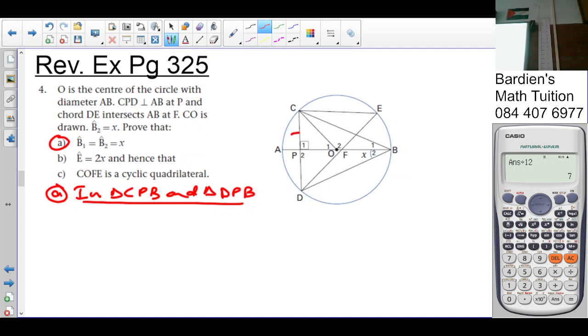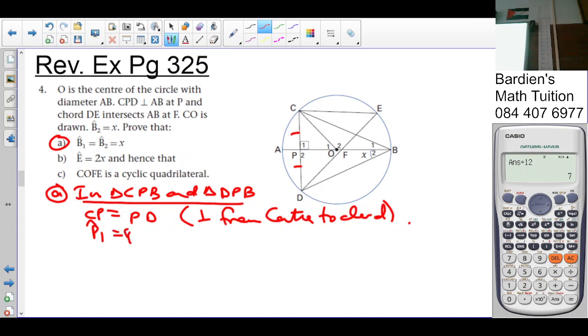We're going to say that CP is equal to PD. Why? Because of perpendicular from center to chord bisects chord. P1 is equal to P2, which is equal to 90 degrees. Why? Angles on a straight line. Or we can say that CPD is given perpendicular to AB. That was given.